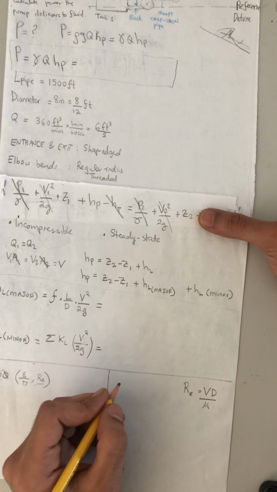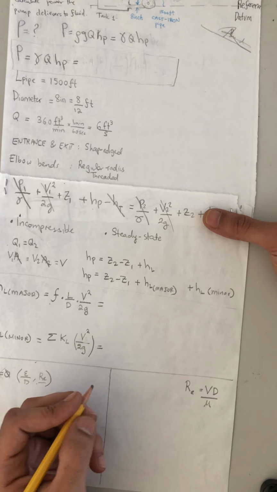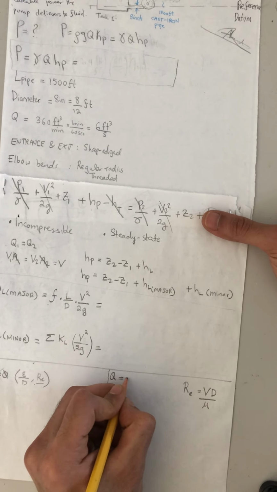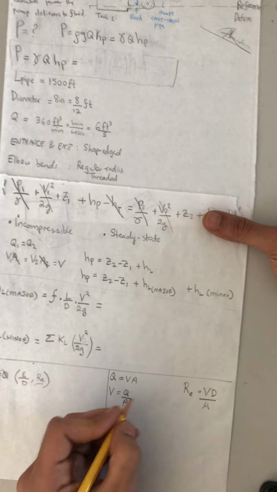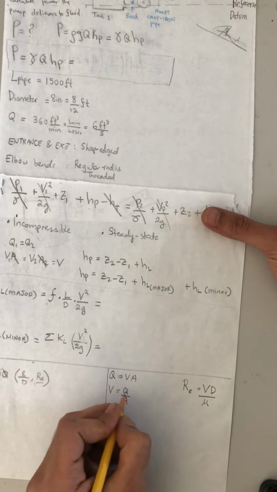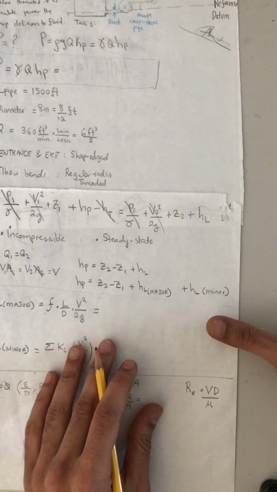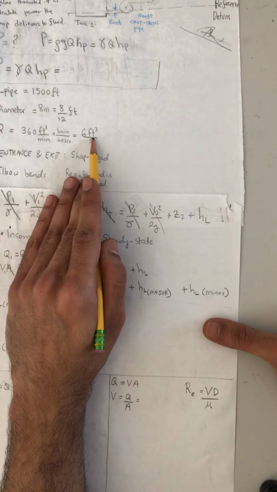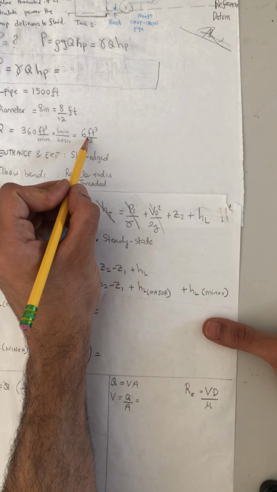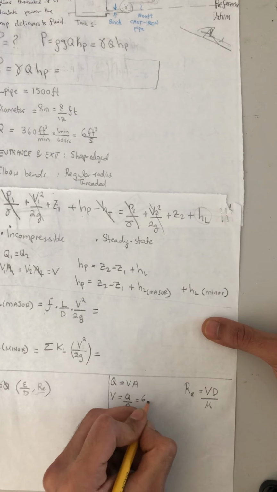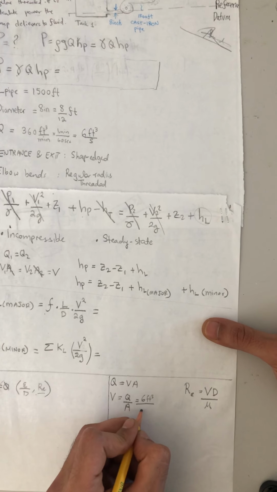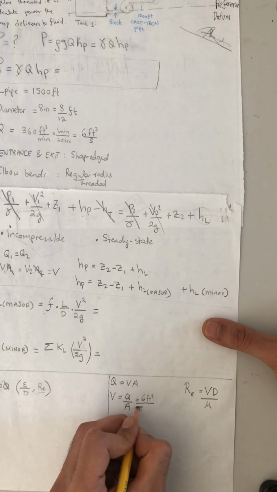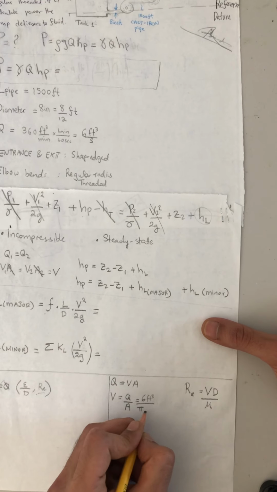We know from the continuity of flow that Q equals VA, so V equals Q over A. We are given our volumetric flow rate as 360 feet cubed, and we have converted it to be per second, feet cubed per second, and that is 6 feet cubed per second over our area. Our cross-sectional area that is perpendicular to the flow is pi d squared over 4.